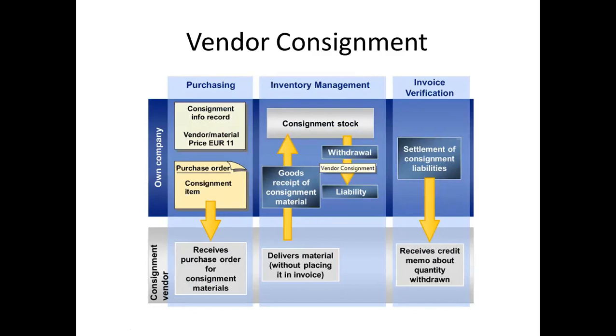Exactly. Unless and until we use that material, we won't be liable to pay for it. An example is TVs and electronic gadgets which are displayed in a mall or shopping mall, where they are not ready to take consignment.